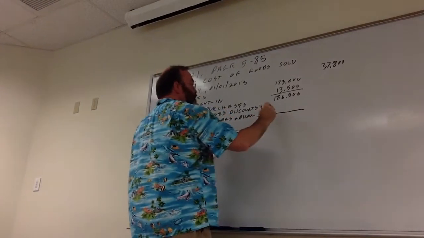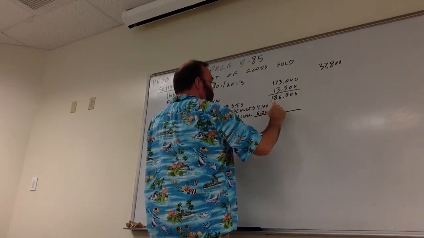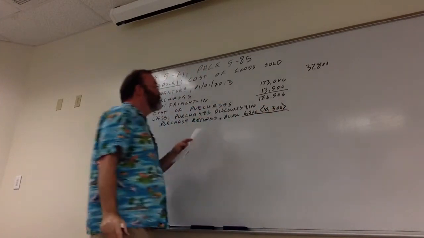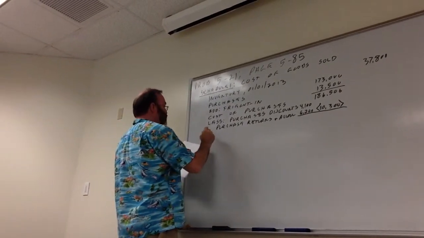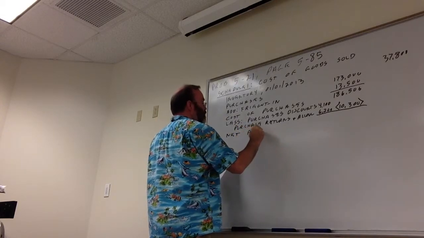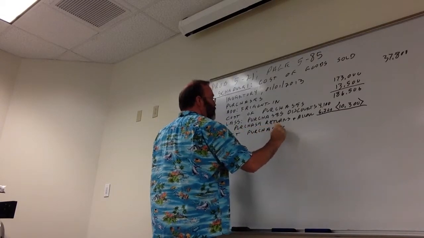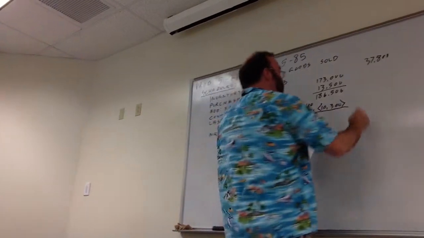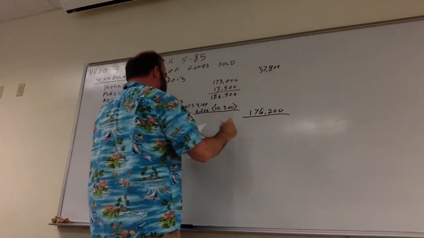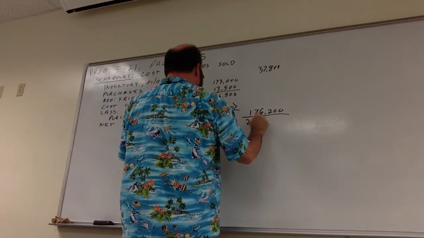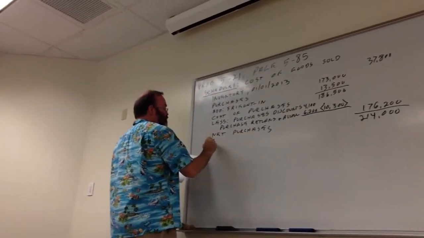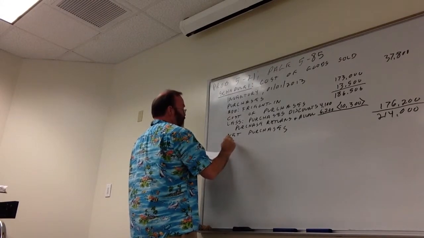Add those two together, you get a contra purchase total of $10,300. Subtract that from your total cost of purchases and you get net purchases of $176,200. Add that to beginning inventory, you get $214,000 even of cost of goods available for sale.